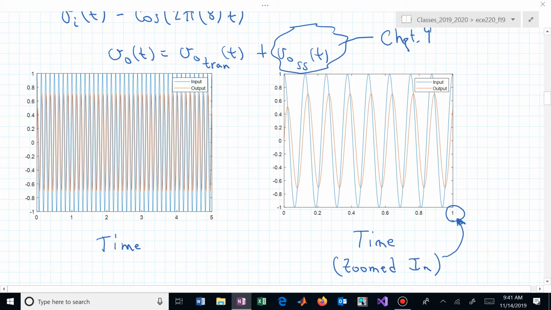And hopefully you see at the beginning a little bit of a transient interval before you actually see the red and the blue sort of looking the same from some point onward. From some point onward, that's the sinusoidal steady state. That's where we are interested in analyzing in chapter 9.